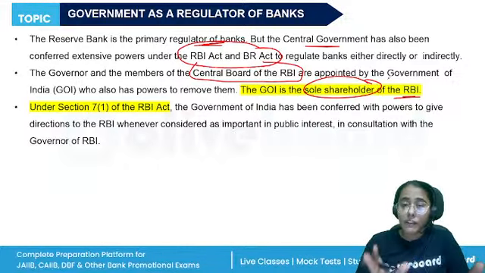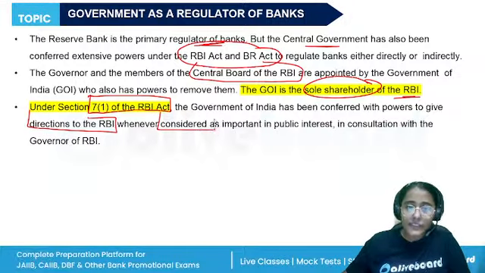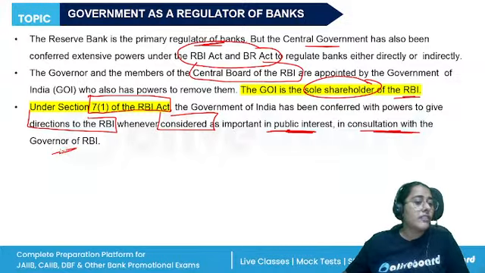So, the powers given to the government are under Section 7, subsection 1 of the RBI Act. Basically, the central government can give directions to RBI wherever considered important in public interest, in consultation with the governor of RBI.